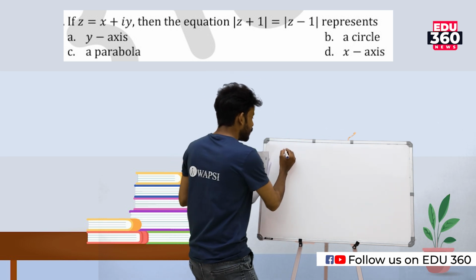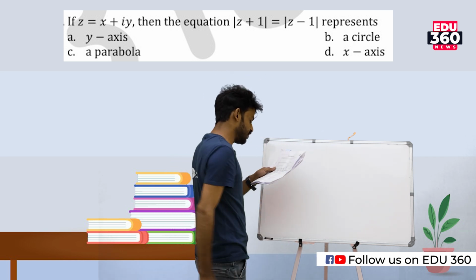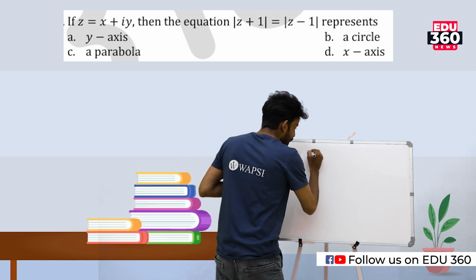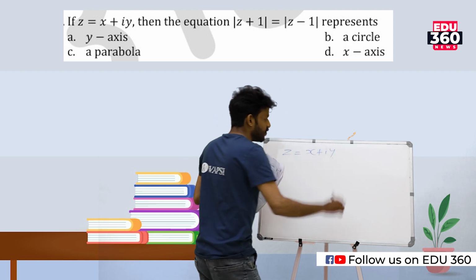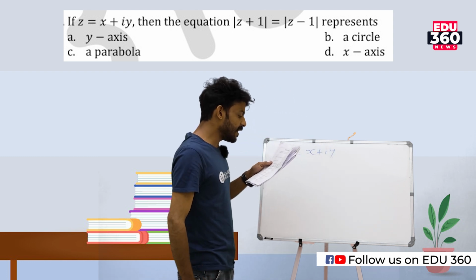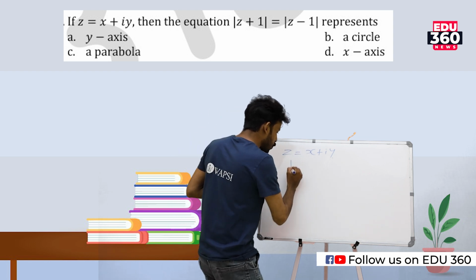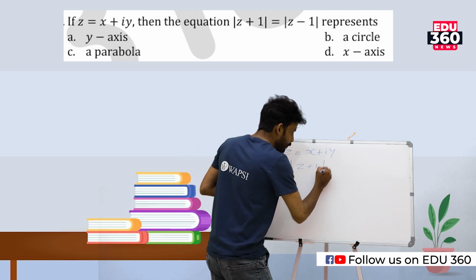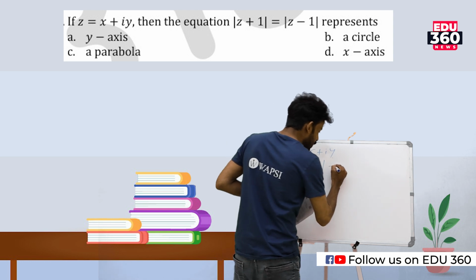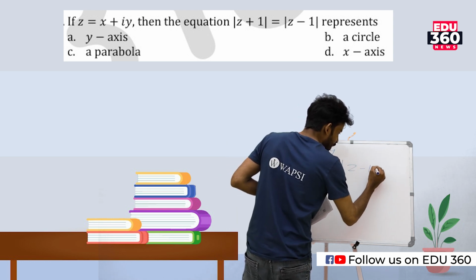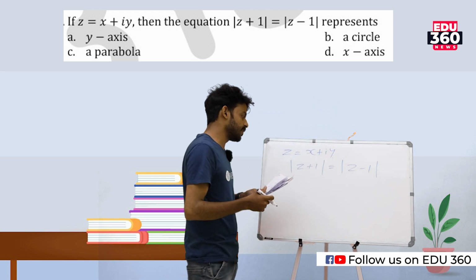So first of all we can write, it's given that z is equal to x plus iy. Then the equation modulus of z plus 1 is equal to modulus of z minus 1 represents which one they are asking.